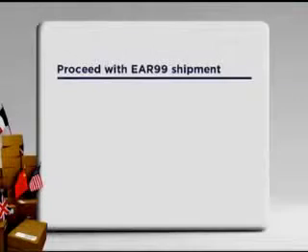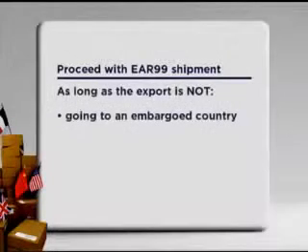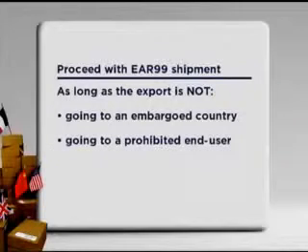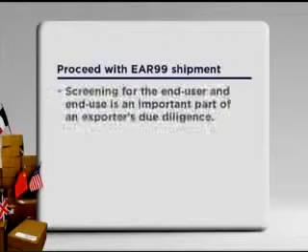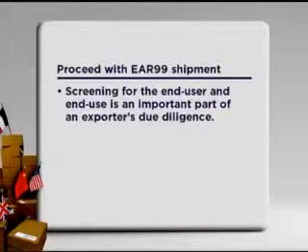In general, if you determine that your item is EAR99, you may proceed with your shipment, provided that the export is not going to an embargoed country, a prohibited end user, or for a prohibited end use. Screening the transactions for these end user and end use based reasons is an important part of your due diligence as an exporter. Okay, that makes sense.